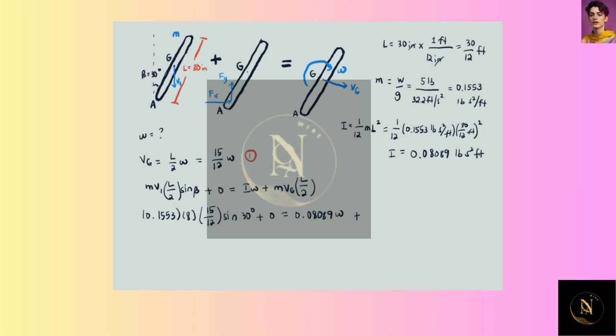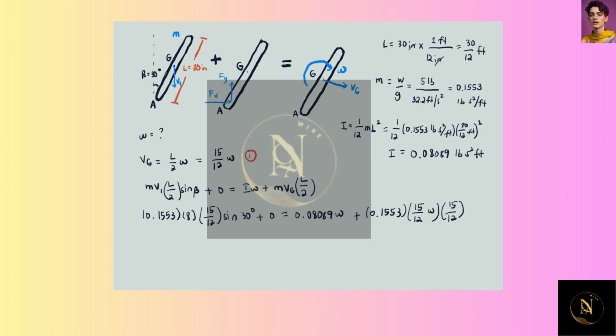By the way, I'm omitting the units for simplicity. Plus 0.1553 times 15 over 12 omega times another 15 over 12.